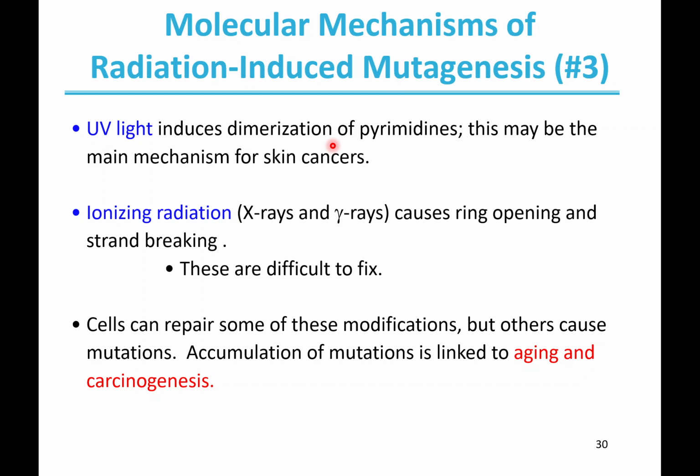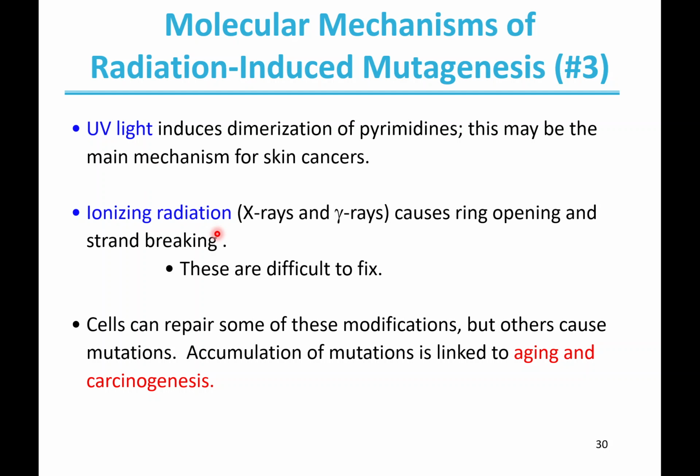Those are not very severe, but it changes some bonding patterns in your DNA. And what it does is it creates dimers between adjacent pyrimidine bases in your DNA. Okay. And it's thought that this is probably the main mechanism for skin cancers. We'll show a picture of this here in a second.